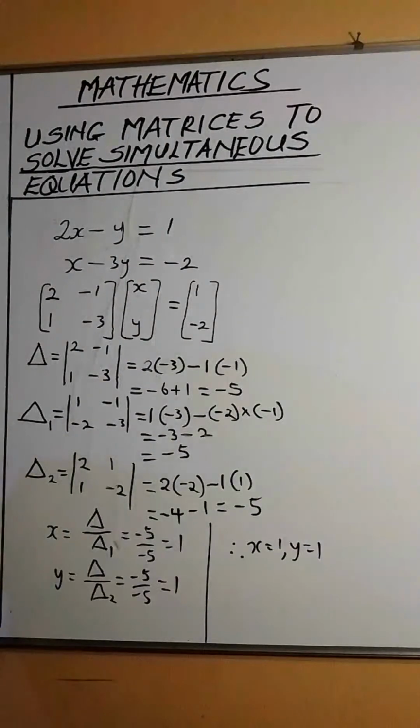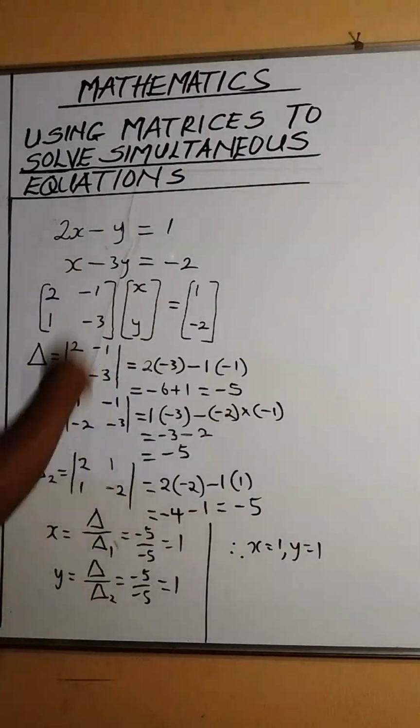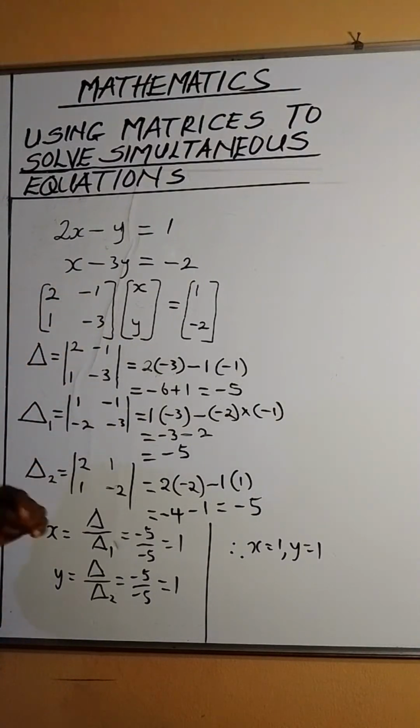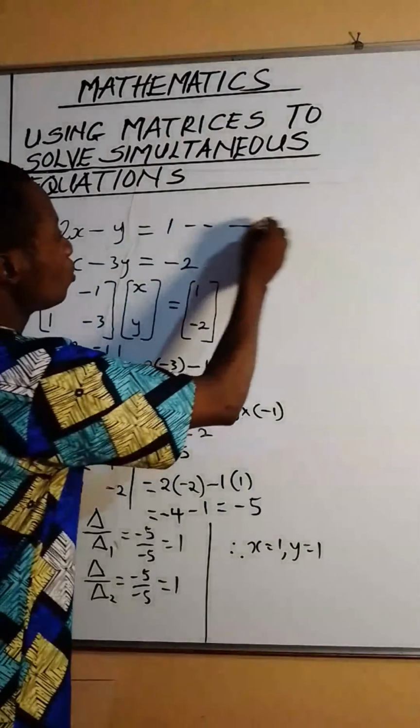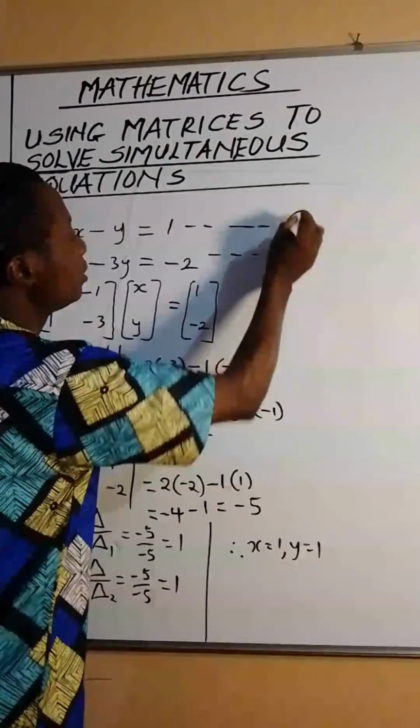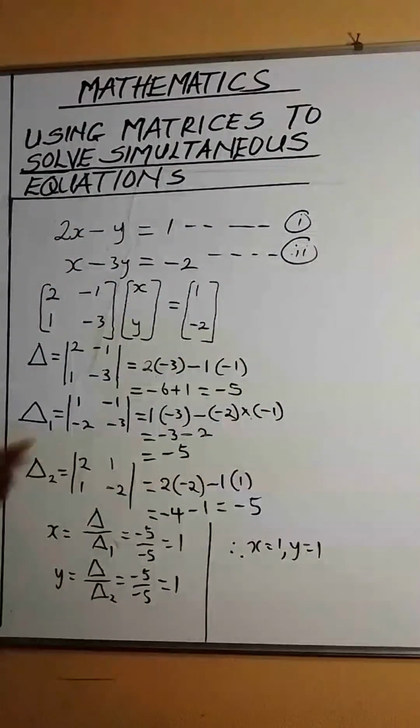For those that are just joining us, let me repeat what I've done so far. This is a 2 by 2 matrix, the simplest matrix. Here we are given a system of equations. This is equation 1 and this is equation 2.